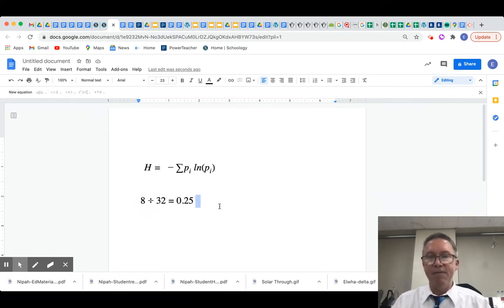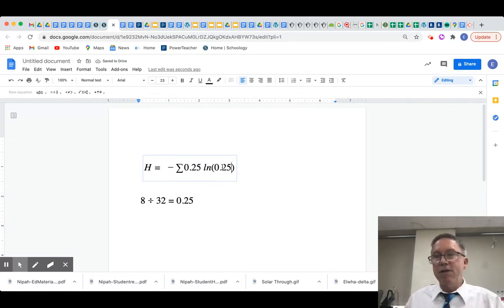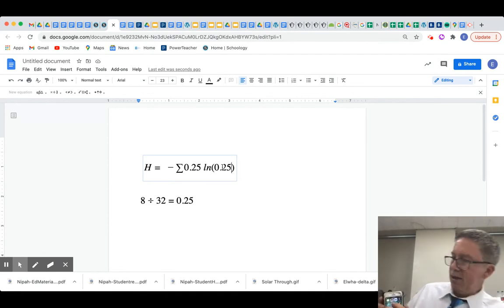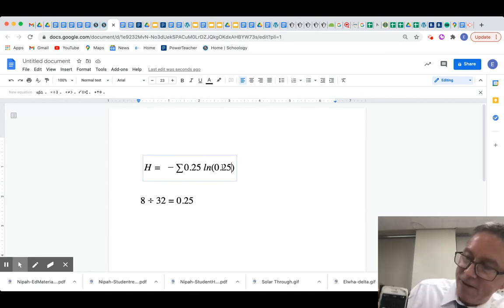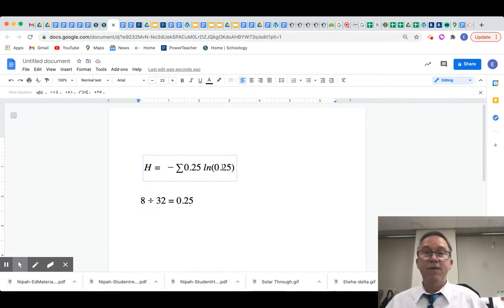So I would say 0.25 times the natural log of 0.25. I'm going to take out my calculator. By the way, you can do it on your phone. I have an iPhone; I don't know if it's true on Samsung. I open the calculator and turn it sideways, and now I see natural log is right there. Hopefully you have a calculator; your math teacher probably wants you to have one.